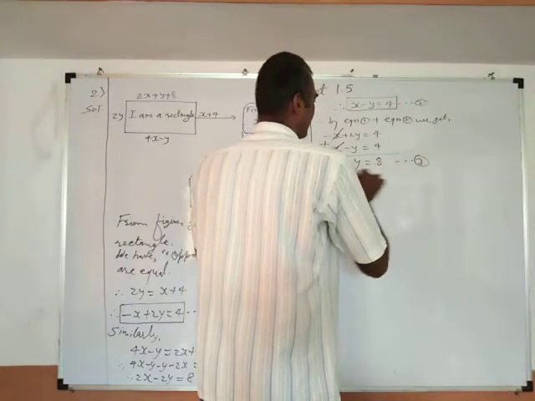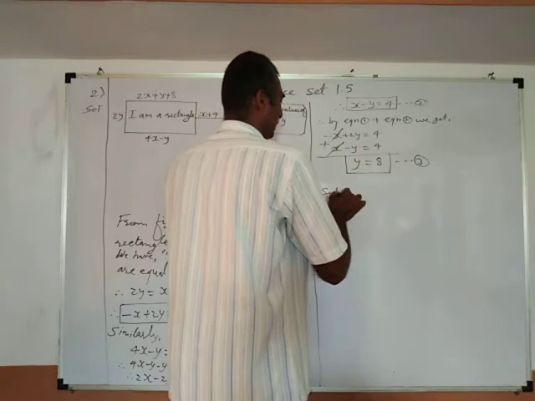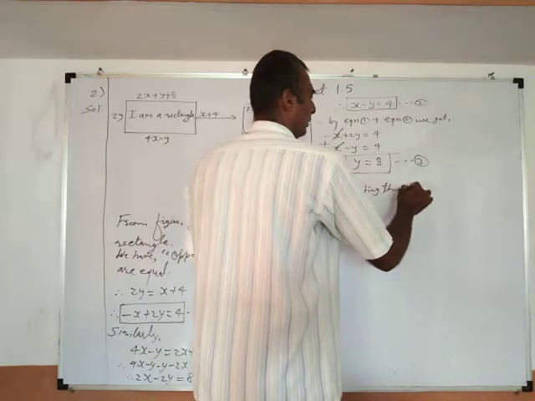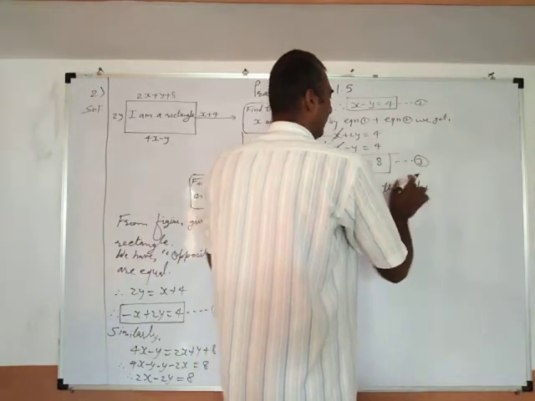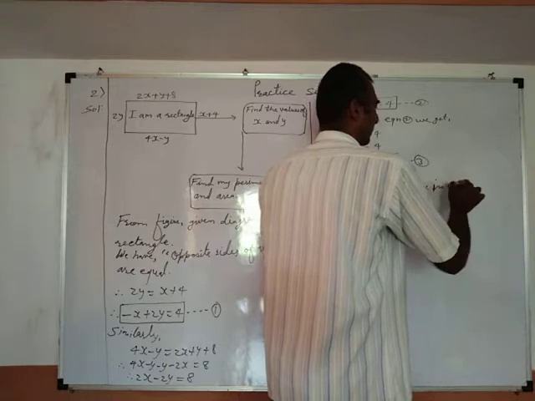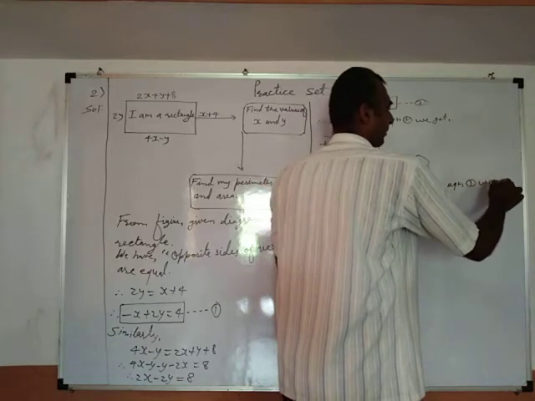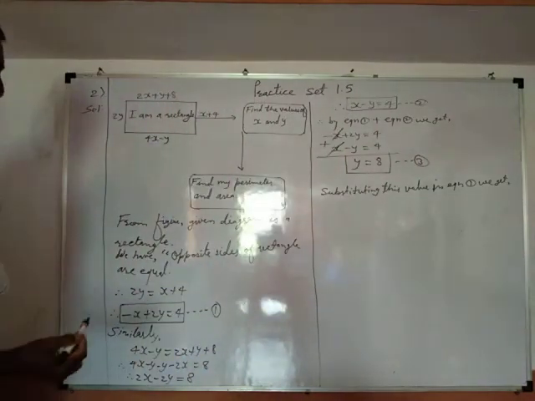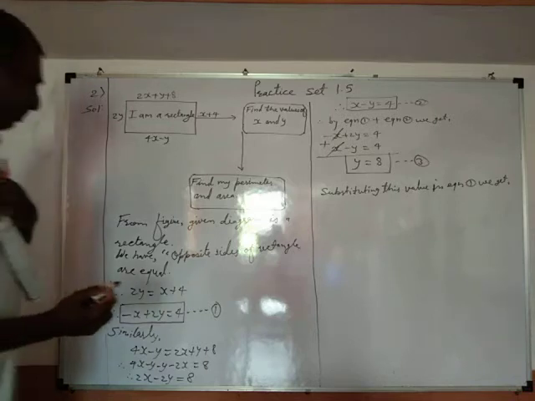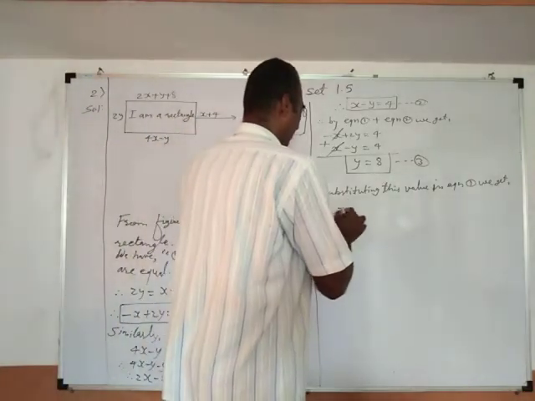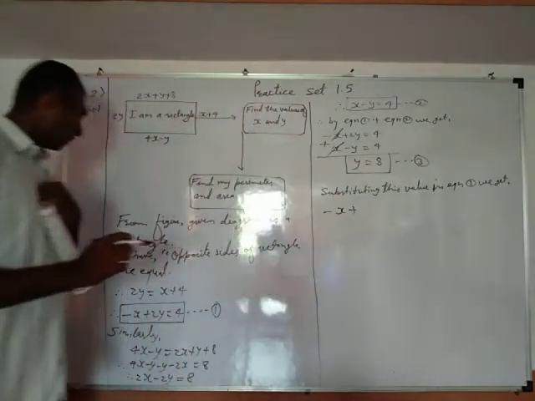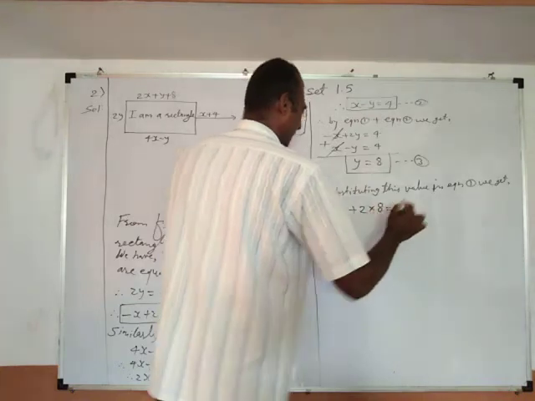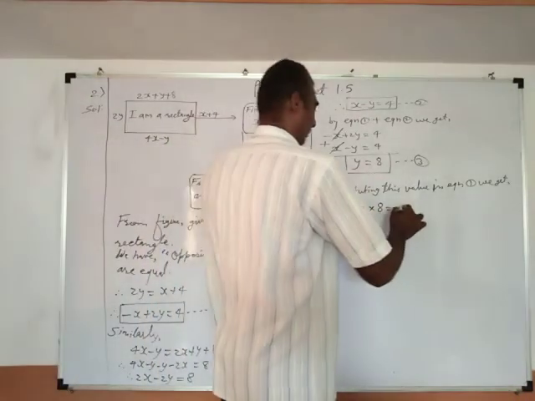Okay, substituting this value in equation 1, we get equation 1 is minus x plus 2y equal to 4. Let's put here the value of y as 8. Minus x plus 2 into y, where the value of y is 8, must equal 4.